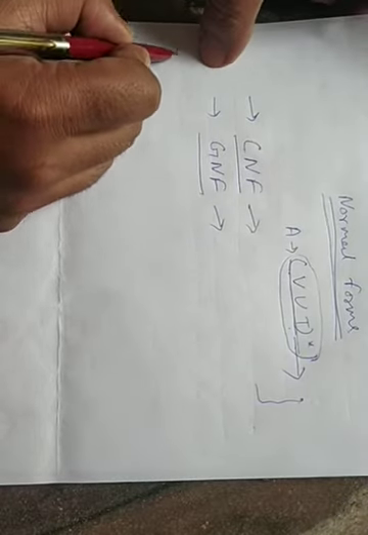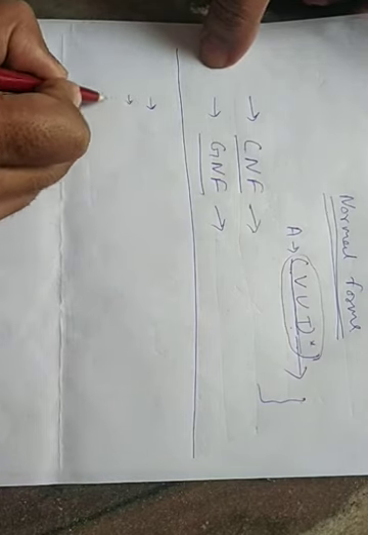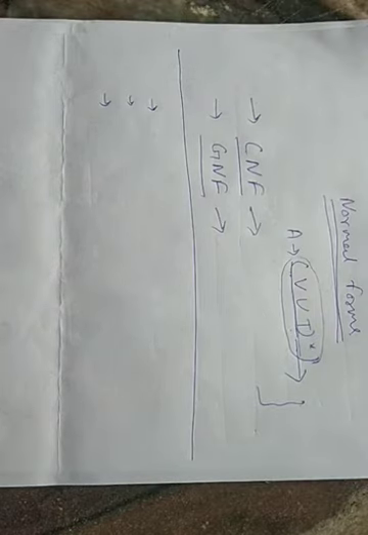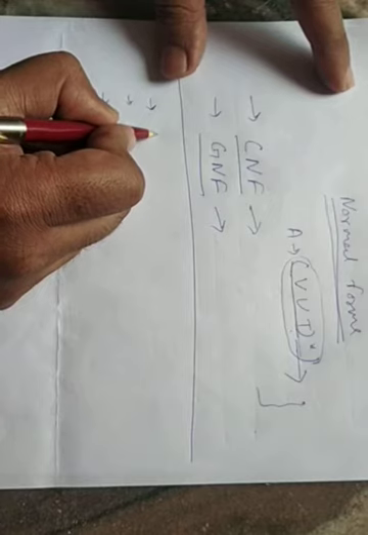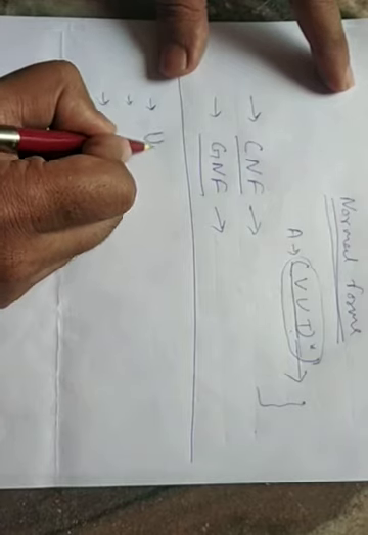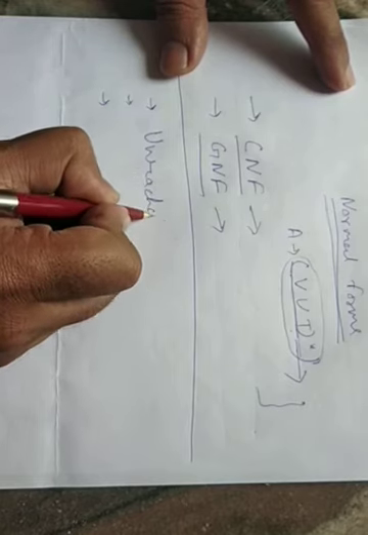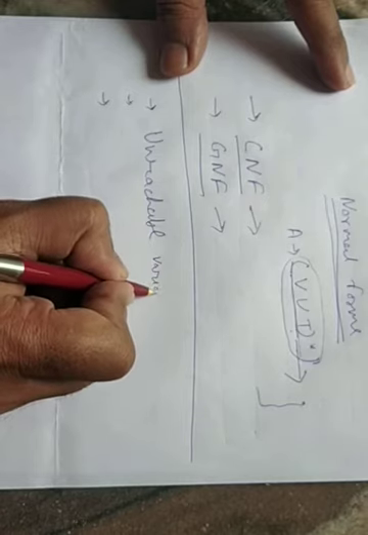Before I move into CNF, I first need to focus on three different types of defects which I want to remove. The first one is the problem of unreachable variables.